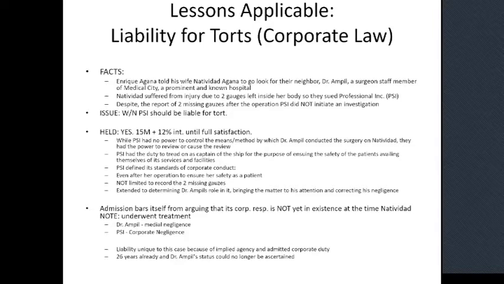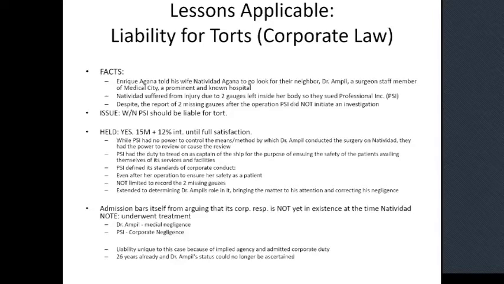So the decision of the court was yes, the hospital was liable, and the plaintiffs were awarded 15 million plus 12% interest until full satisfaction. The court said that while PSI had no power to control the means or the method by which Dr. Ampil, who was the surgeon at the time, conducted the surgery on the plaintiff, they had the power to review or cause the review.